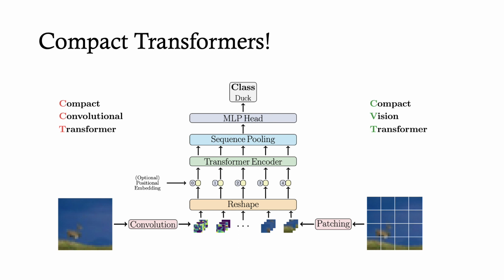Both the CVT and the CCT use the compact models and sequence pooling. The difference between these two variants is in the tokenization step, where CCT uses convolutional tokenization and CVT uses patch-based tokenization, just like the original ViT design.